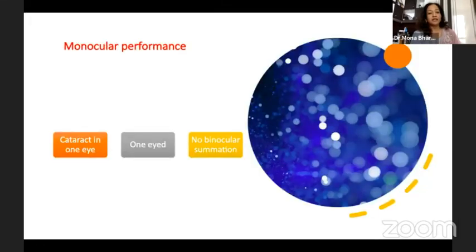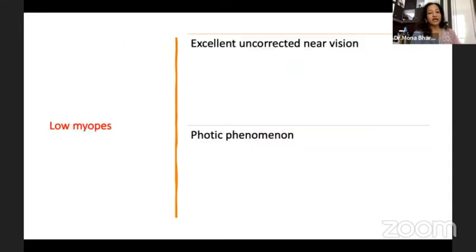Monocular performance in one-eyed patients, or cataract surgery in one eye, would not achieve binocular summation, so they should not be taken in. Low myopes have excellent uncorrected near vision and may face photic phenomena, so they should be carefully counseled, although they might adapt with time with neuroadaptation.